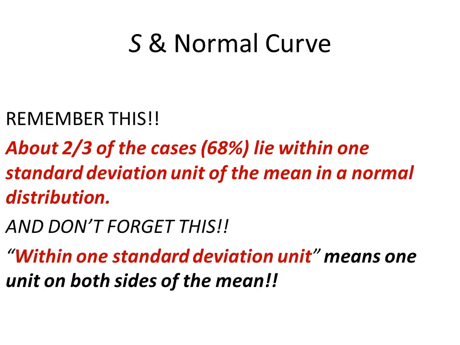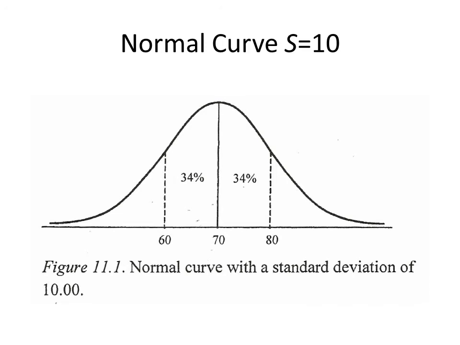Now, let's think about the standard deviation and the normal curve. Here we see a normal curve with a standard deviation of 10. Our mean is 70, so one standard deviation unit is 10 points on either side of the mean.